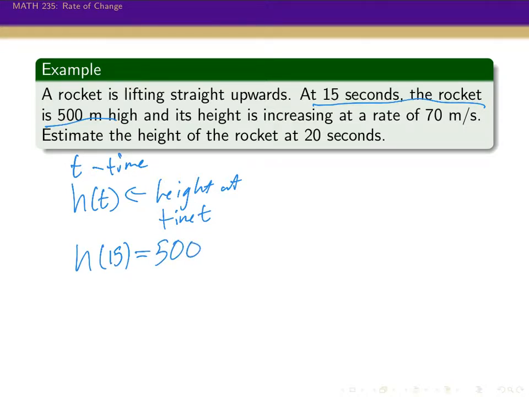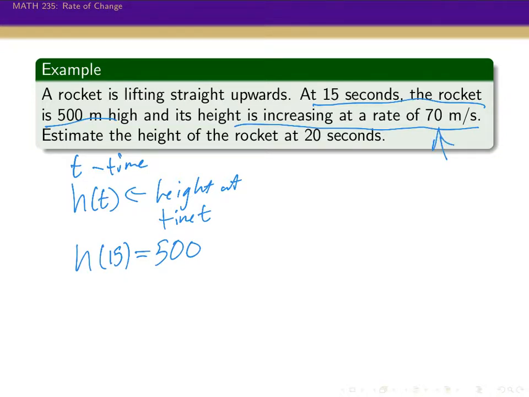Then it says, and its height is increasing at a rate of 70 meters per second. So at that particular time, at that instant, the rate of the increase in the height is 70 meters per second.